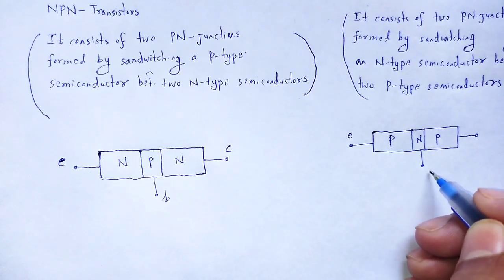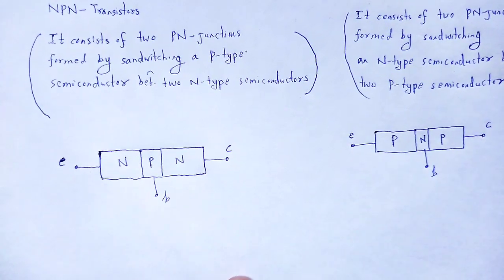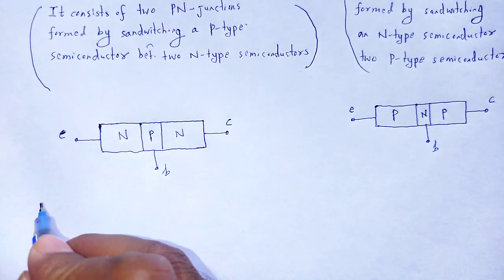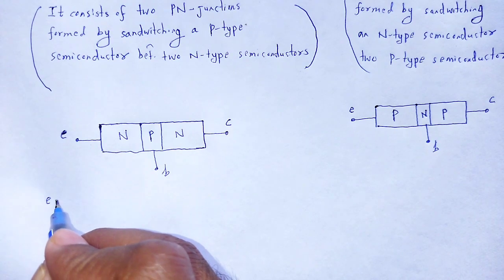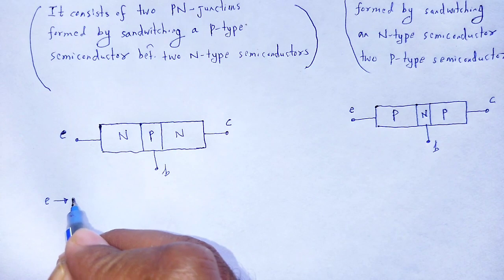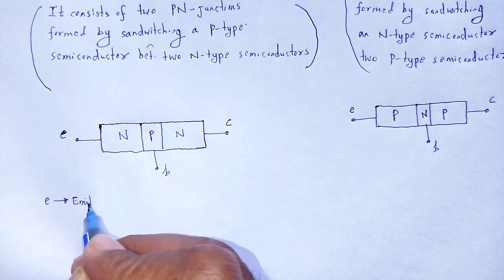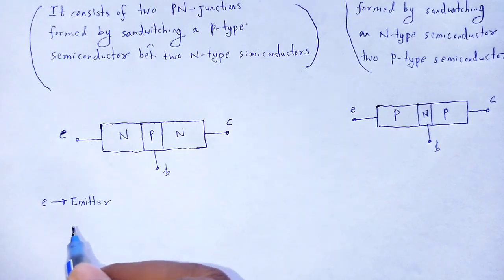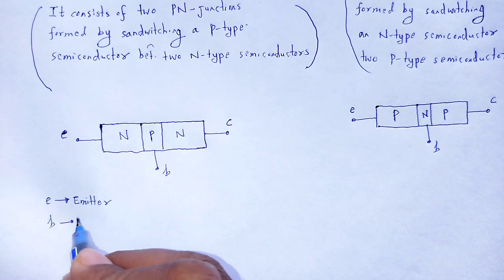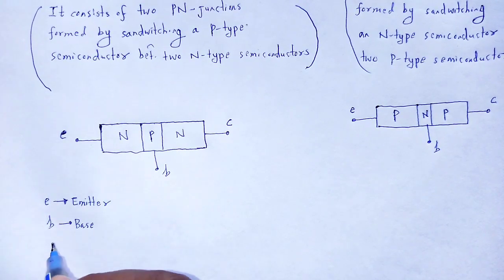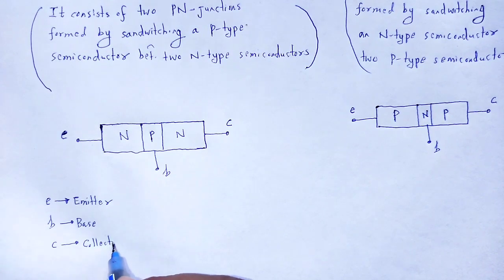E stands for emitter, B stands for base and C stands for collector.